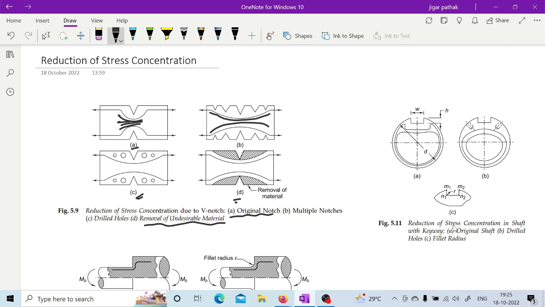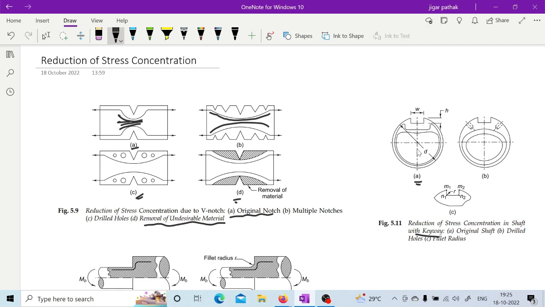In case of reduction of stress concentration in a shaft with keyways, as we have discussed, on a shaft you need to provide keyways because they help in mounting gears. You know that the shaft is carrying a key which attaches the gears mounted on it. So this keyway is going to increase the stress concentration. Now this is the original shaft in figure A, with this keyway.